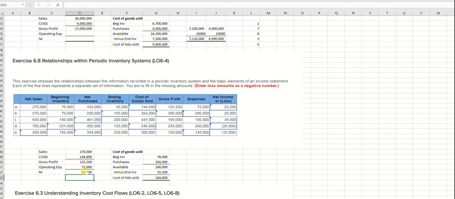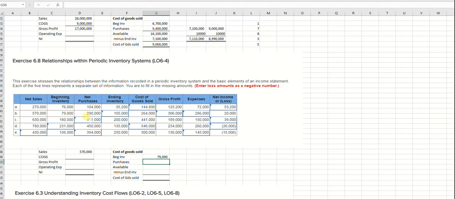I'll just do one other one. And you can do these by hand. There's nothing magical about this, except it was just easier to show you on the computer screen because I have screen capture software. So 570,000. My beginning inventory is 79,000.